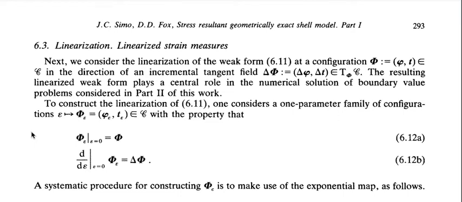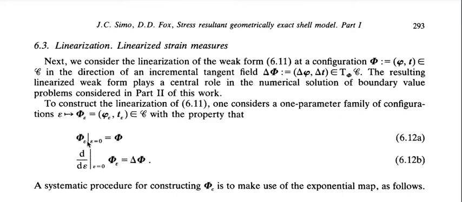So epsilon is a single parameter which can parameterize all the shell configurations which are related to a particular shell configuration. So we write phi epsilon as this, which belongs to the family of all the configurations of the shell, and it should satisfy certain properties which will enable us to use it as an appropriate incremental tangent field of the shell configuration.